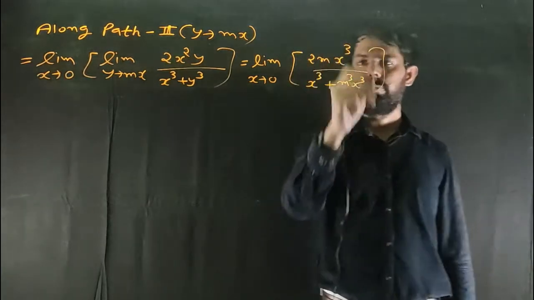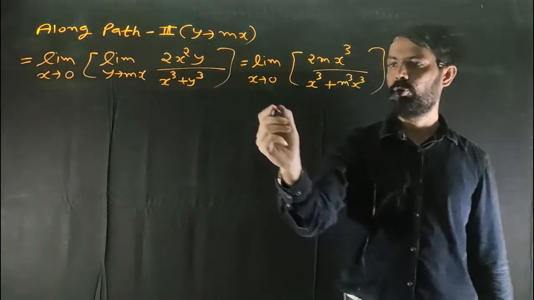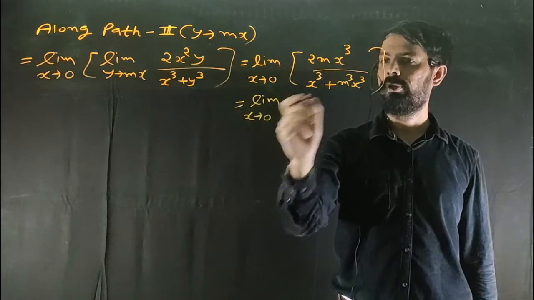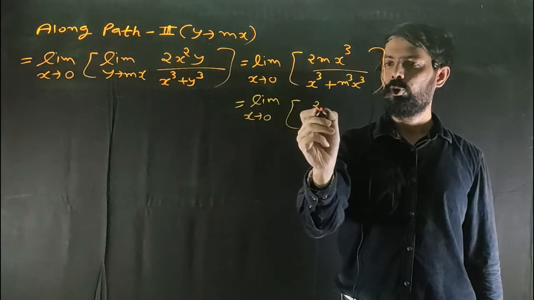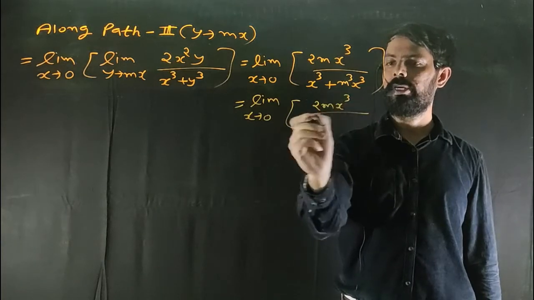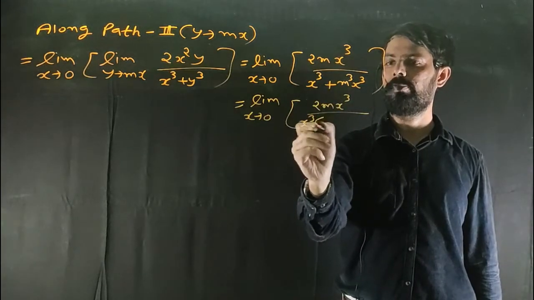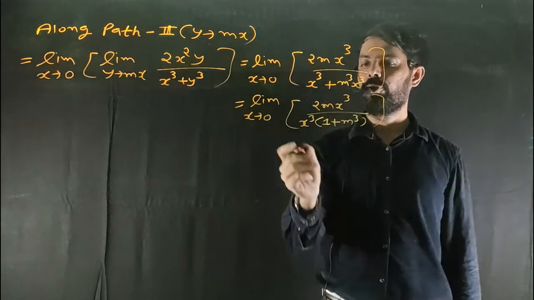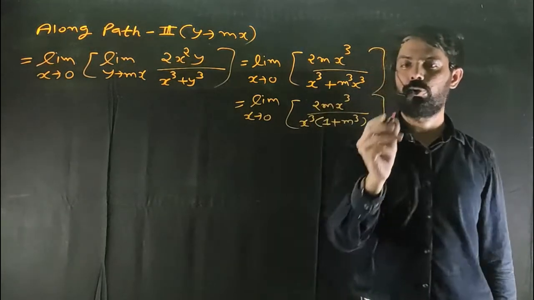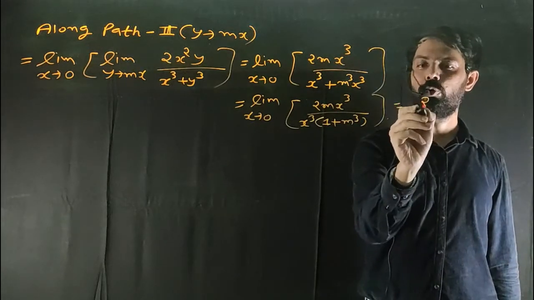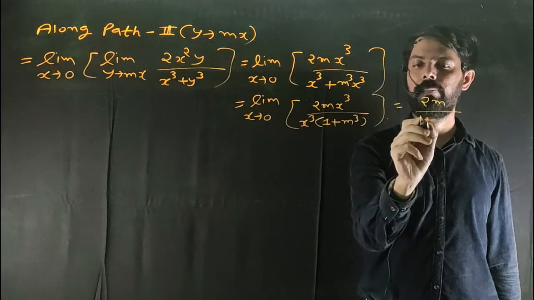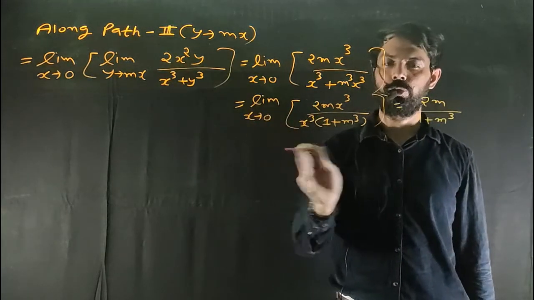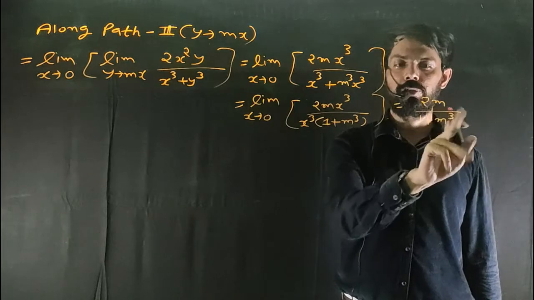Okay, now we will simplify this bracket, so it will be limit x tends to 0, here 2mx cube, here x cube is common, so in bracket 1 plus m cube. Okay, so here x cube cancels out, so it will be 2m divided by 1 plus m cube. Here no need to apply limit x tends to 0 because here there is no x.